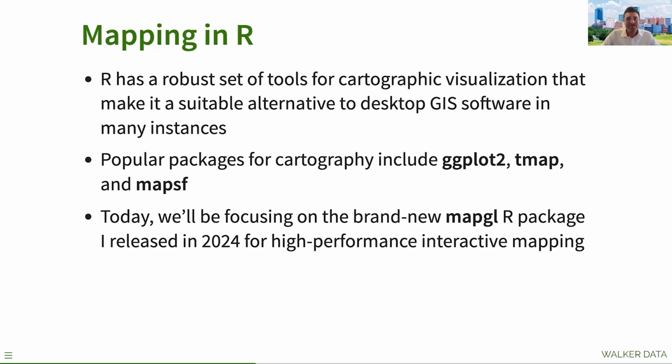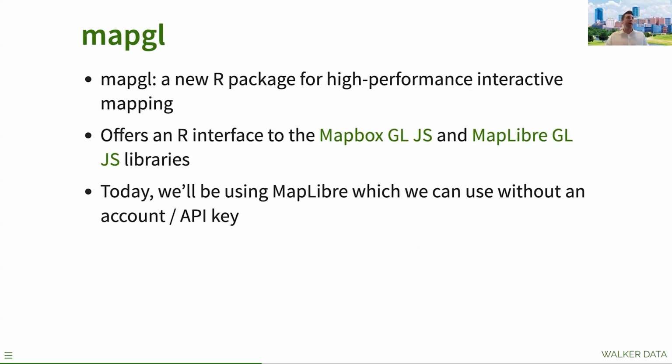And so I decided to write it myself. I spent much of the summer of 2024 building out this package, and I've been updating it and maintaining it since then. It's called mapgl, and I want to show you how it works. I hope you like it. It is an interface to the Mapbox GL JS and MapLibre GL JS libraries. And so it allows you to use WebGL in your browser for really high performance web mapping.